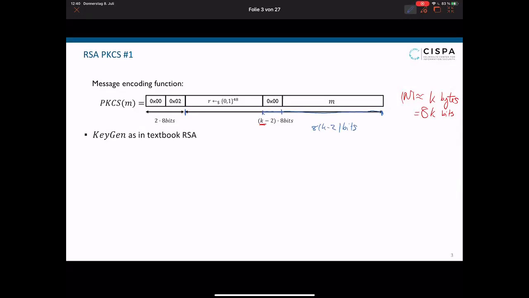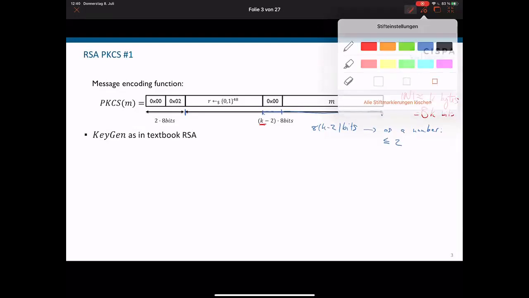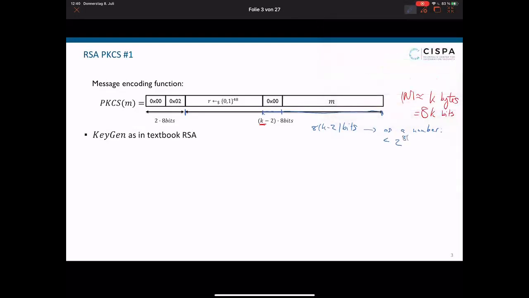And when you think of it as a number, this is truly smaller than 2 to the 8 times k minus 2. All right.